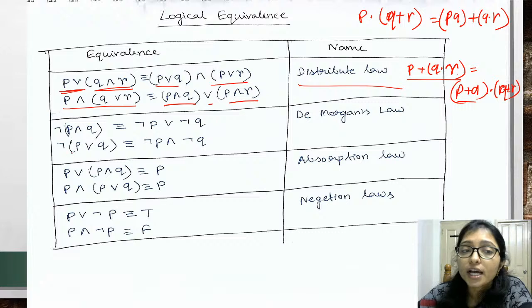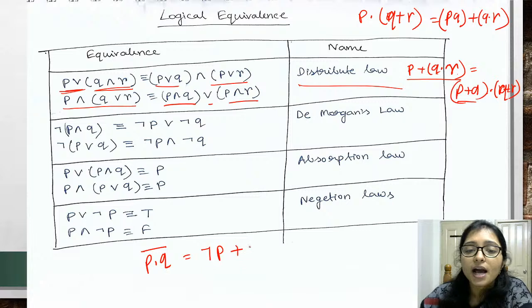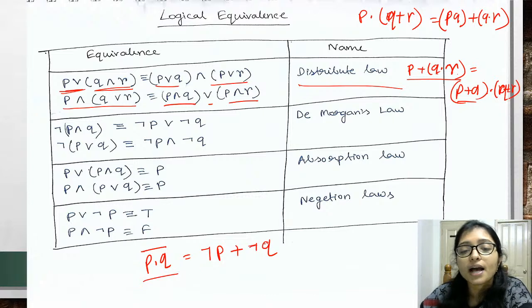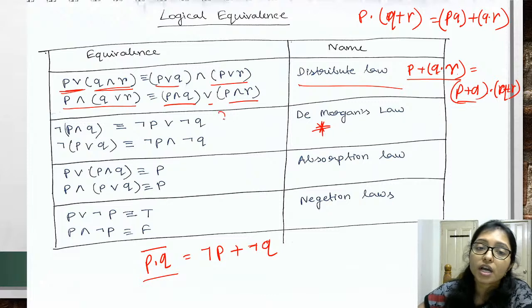Now De Morgan's law. De Morgan's law is when there is a bar. That is P dot Q bar equals not P plus not Q. This is very, very important. Try to remember this De Morgan's law.